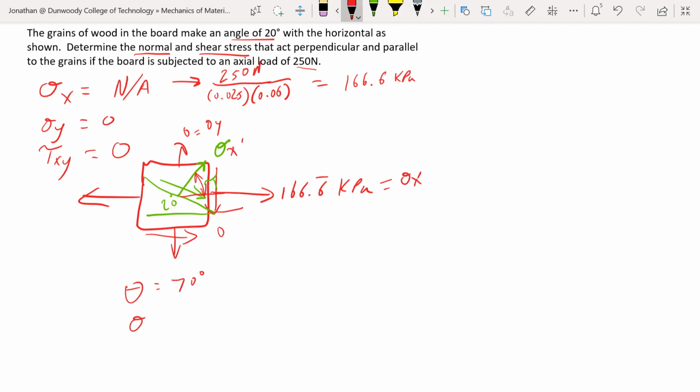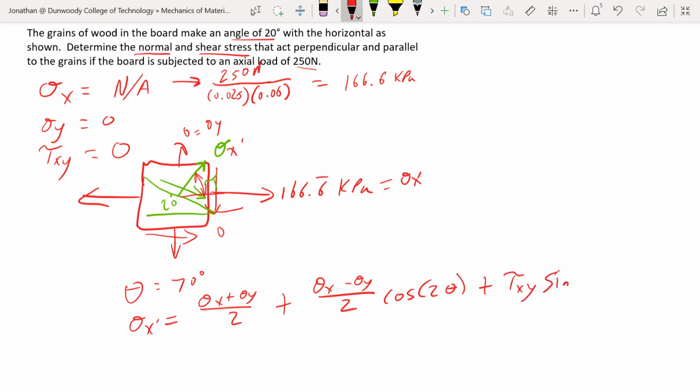So sigma x prime is going to be sigma x plus sigma y over 2, our average stress, plus sigma x minus sigma y over 2 times cosine 2 theta plus tau xy sine of 2 theta.